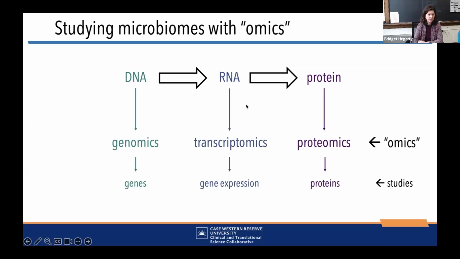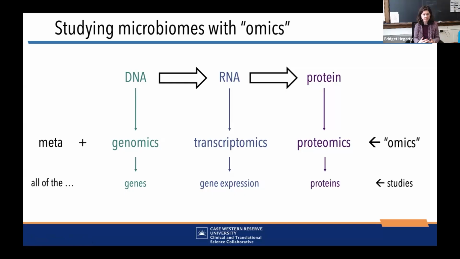For instance, we can use genomics to study the genes of a particular organism, or transcriptomics to get a window into what they're doing, or proteomics to see further what they're doing metabolically. And all of these give you a different window of both what cells are doing and who is there.